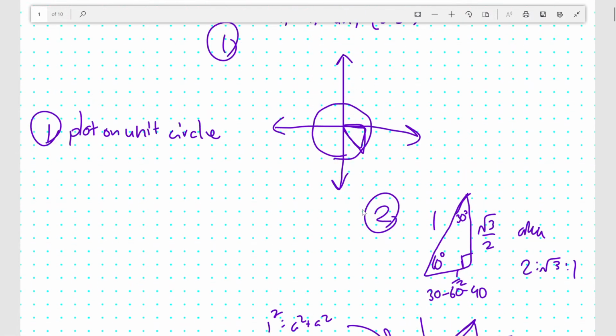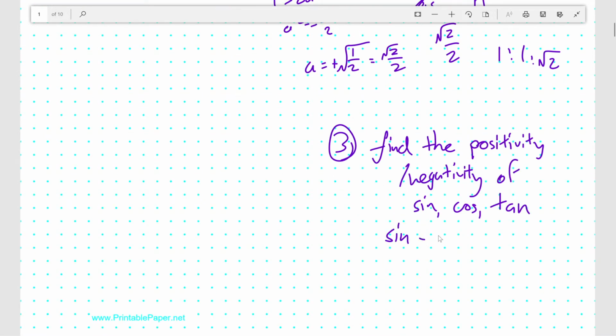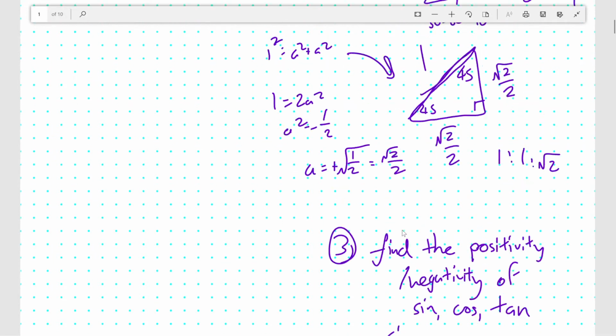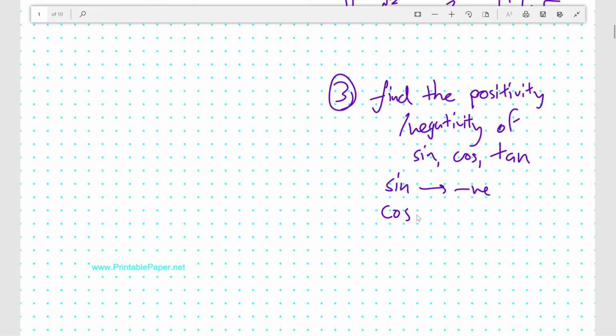So we know that since this is underneath the x-axis, sine will be negative, and since we know that this is to the right of the y-axis, cosine will be positive, and tangent is sine over cosine. It's a negative over a positive, so it is also a negative.